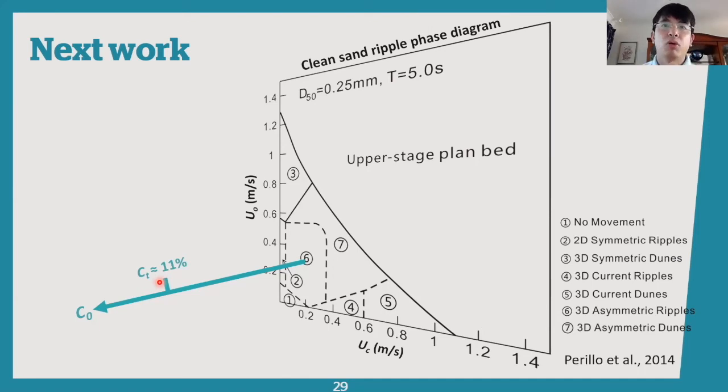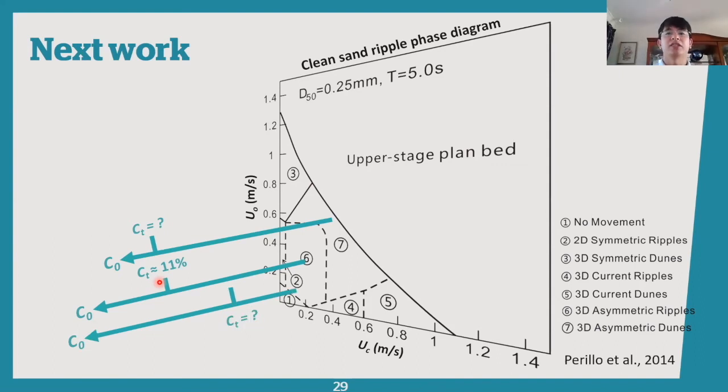And most importantly, if we change the combined flow induced bed shear stress, for example, if we increase the combined flow bed shear stress, the threshold of the clay content can change. It could be increased. But as well, if we decrease the combined flow shear stress, this threshold clay content may be decreased.